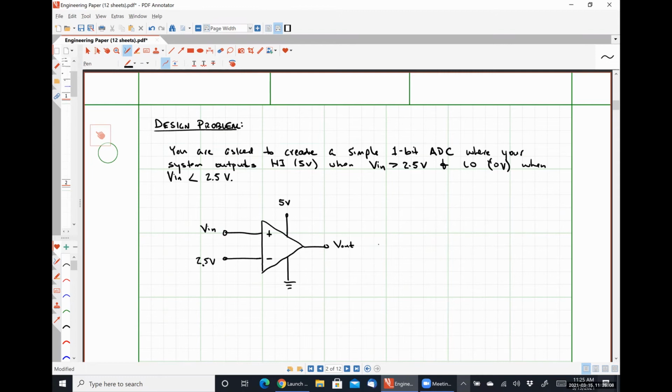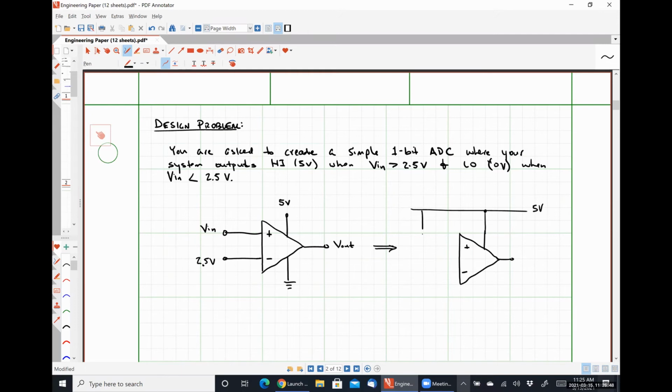So a more easily physically realized version of this circuit would be, we have a 5-volt supply, plus minus like so. Here's where our output is taken.